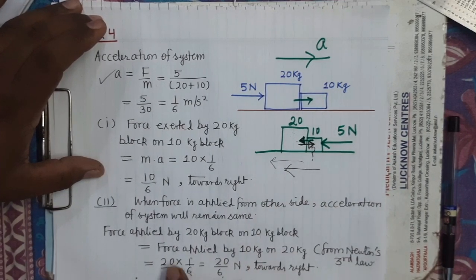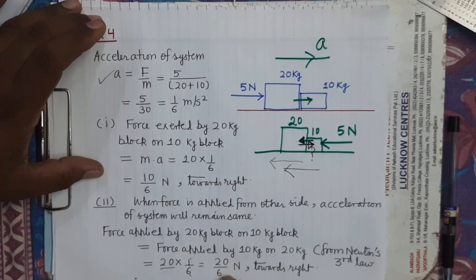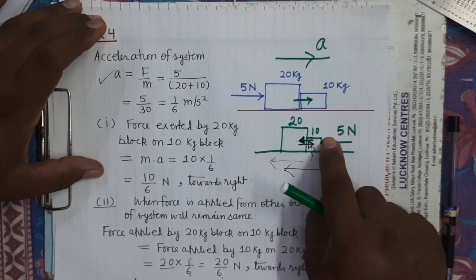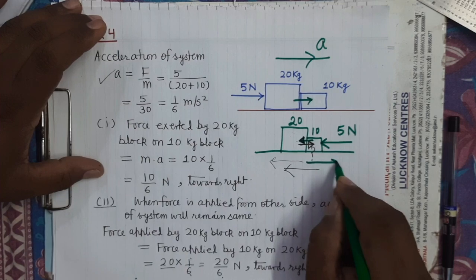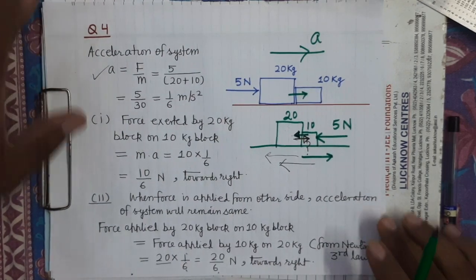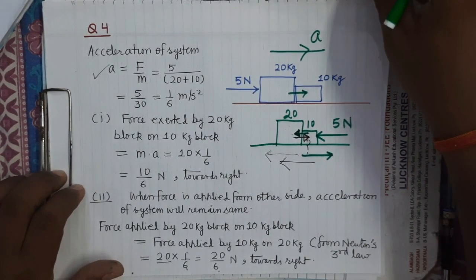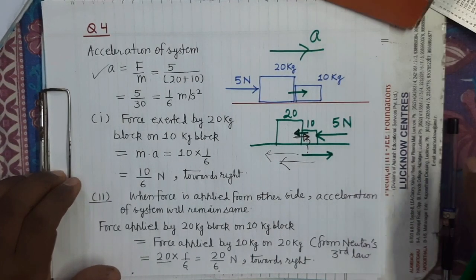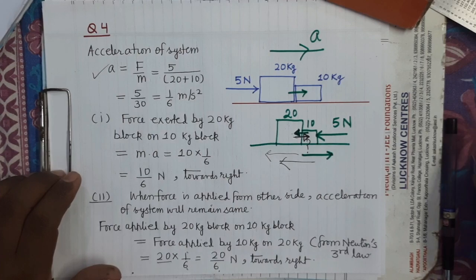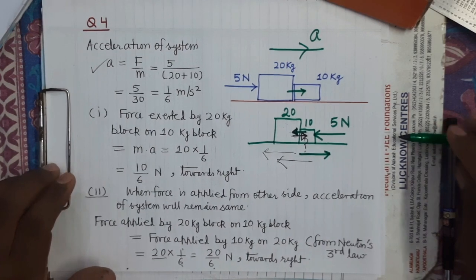So this force is 20 into 1 upon 6, that is 20 upon 6 Newton, and for the 10 kg block its direction is towards right. So in this way I have done some questions on Newton's laws of motion.